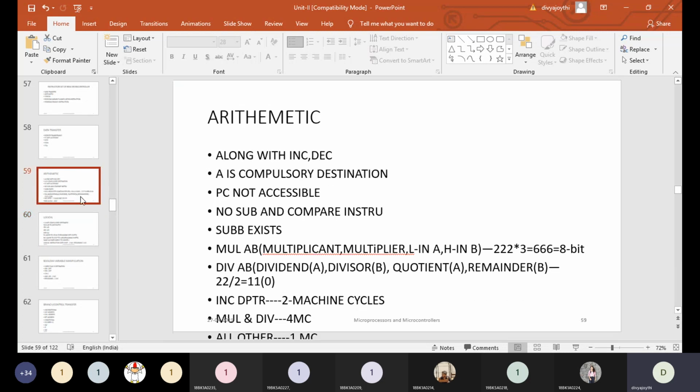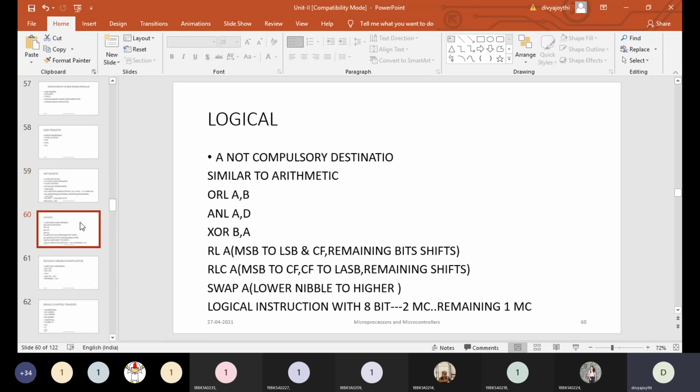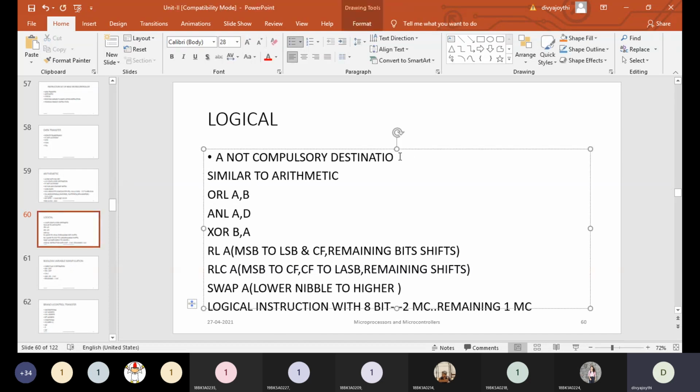The one difference is that in logical instructions, A is not a compulsory destination. That means the accumulator need not be the first register or operand in the mnemonic.